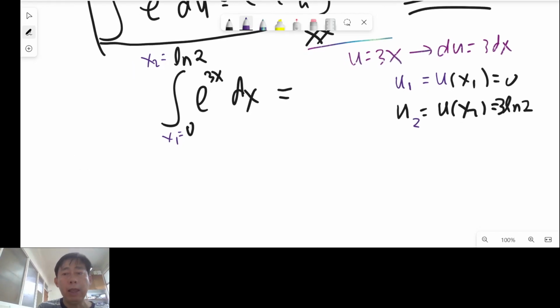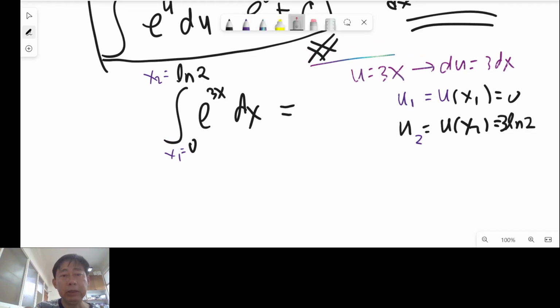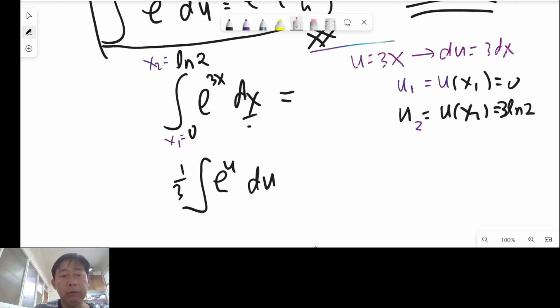Now I am ready to translate the integration from the variable x into the integration with respect to the variable u. According to the substitution rule, du is just 3 dx. Therefore dx is just 1/3 of du. So I have 1/3 of du, and e^(3x) is e^u. So I have successfully translated the integral of e^(3x) dx into this form of e^u du.